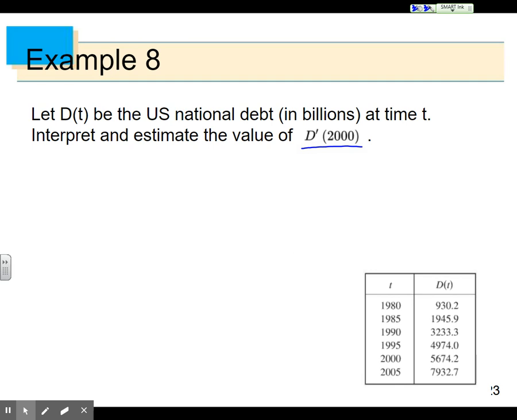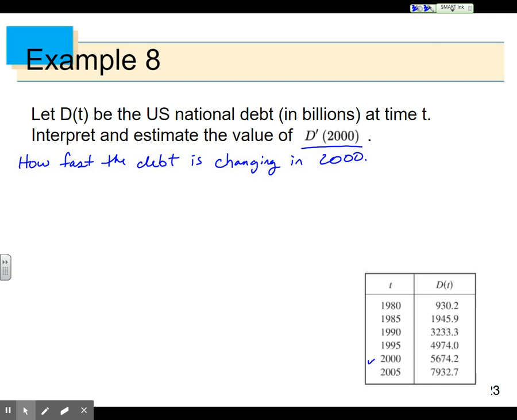It might be good to interpret it first, because that's just going to be how fast the national debt is changing in the year 2000. So it's giving me a snapshot in time of how fast the debt's going up or going down. To work this, I need a calculator.